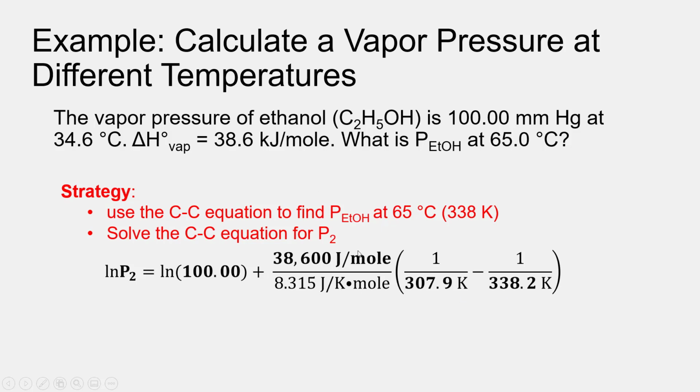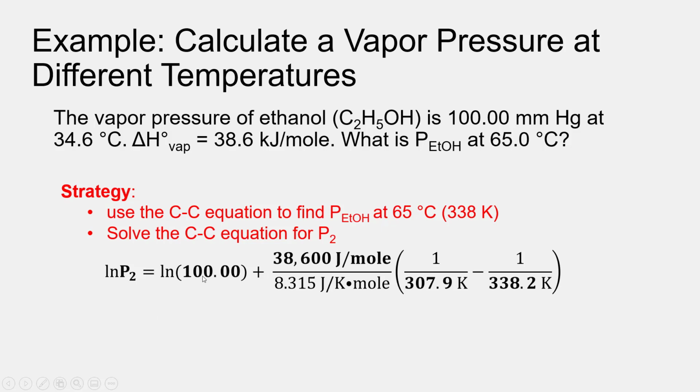My enthalpy of vaporization has to be in joules per mole for these units to cancel out. So I have to take my delta H naught VAP that was given and convert it to joules per mole by multiplying by 1,000 joules in 1 kilojoule. My enthalpy of vaporization, as I'm going to use it, is actually 38,600 joules per mole. So now I have my measurements in the right units.